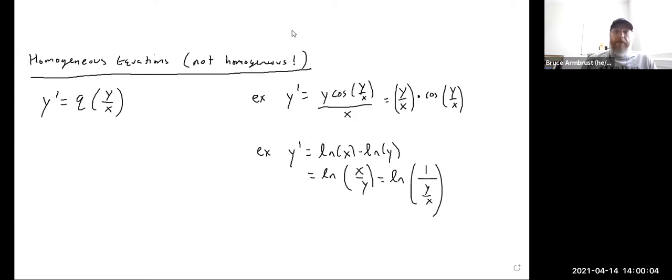All right, now, the trick for these, for the new homogeneous, is you're going to let y equal u times x, where u is some function of x.